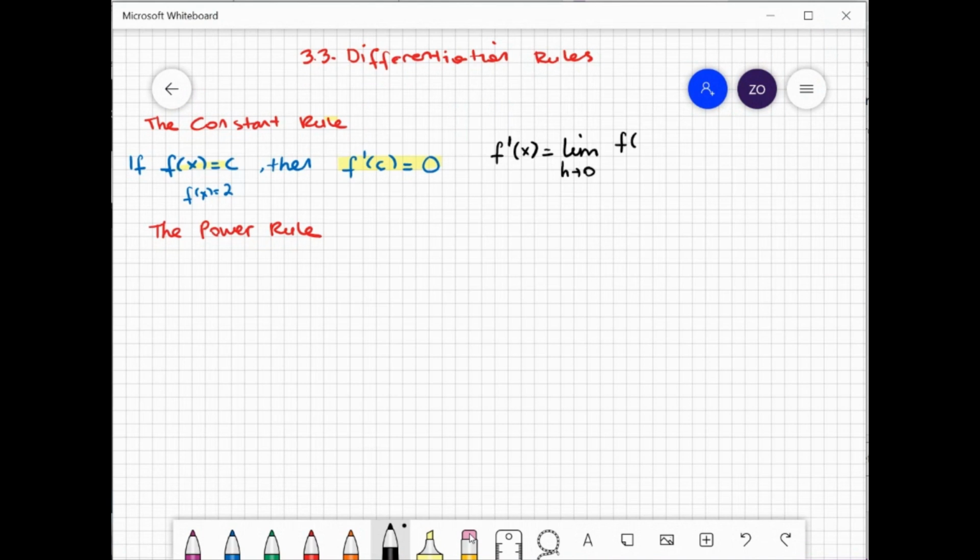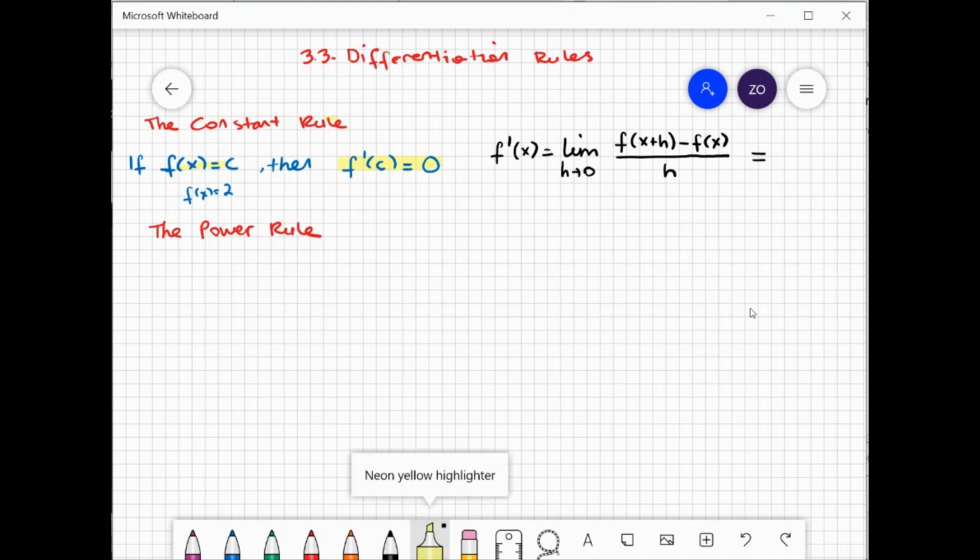You should just remember how to write this formula, this limit. I think I will allow you to have a cheat sheet for the exam, but it's a good idea to remember this expression, how we find the limit of a derivative of a function.